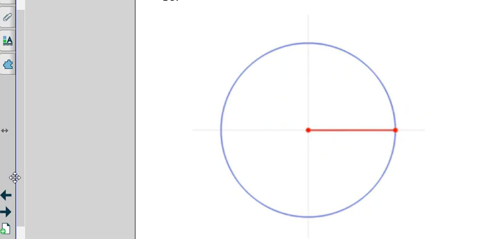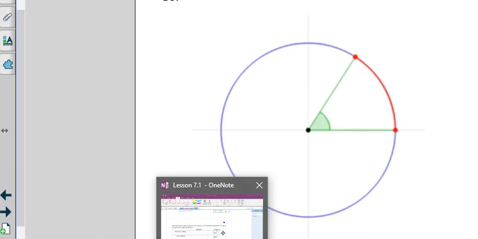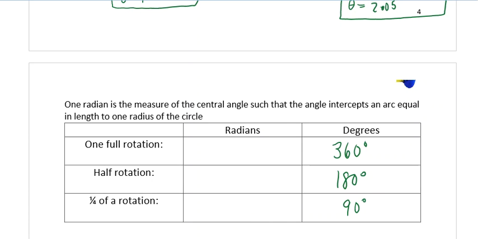Here you can see the radius arc on that. It'd be fancier if it showed the whole thing in the right order, but one full rotation is 2 pi radians, half a rotation is pi radians, and a quarter rotation is pi over 2.